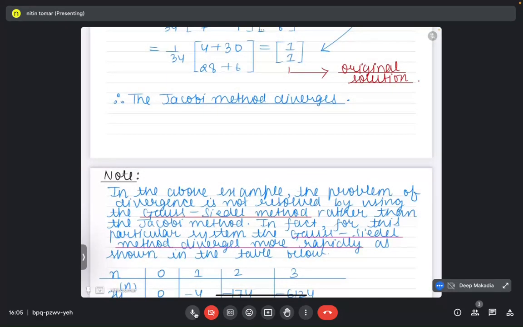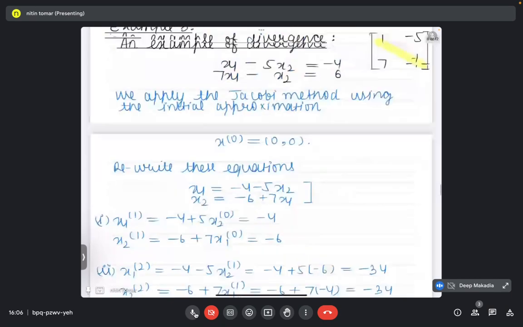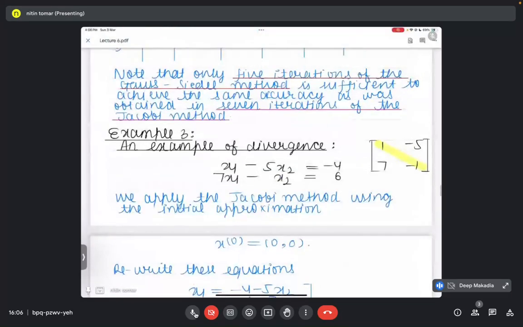So here is a short note that I would like to discuss: in the above example, the problem of divergence is not resolved by using the Gauss-Seidel method rather than the Jacobi method. In fact, for this particular system, the Gauss-Seidel method diverges more rapidly, as shown in the table below. In this example we saw that the Jacobi method diverges, and you cannot overcome this by the Seidel method.